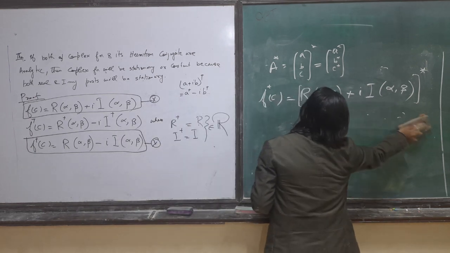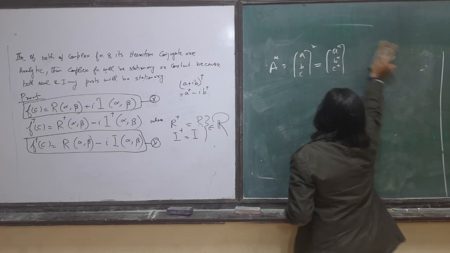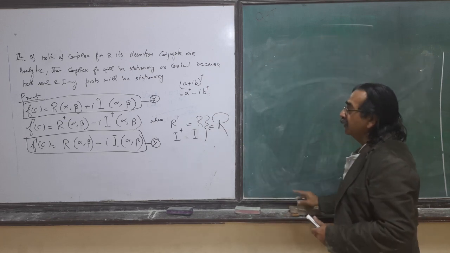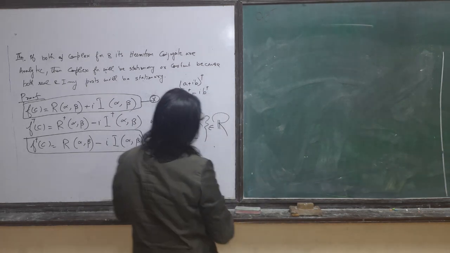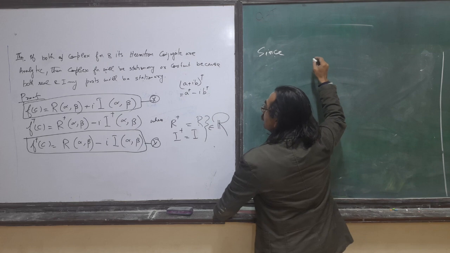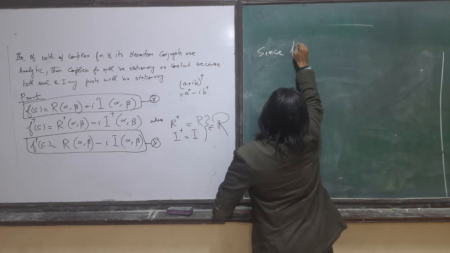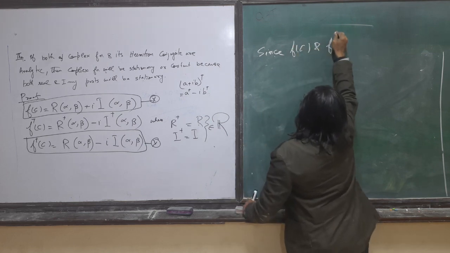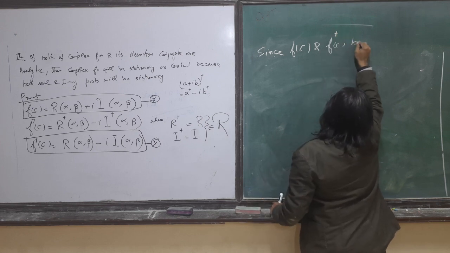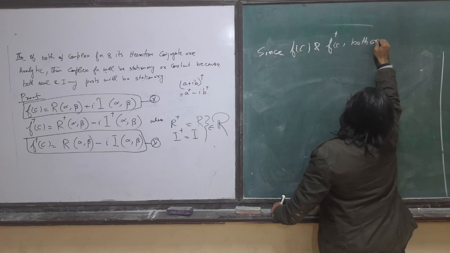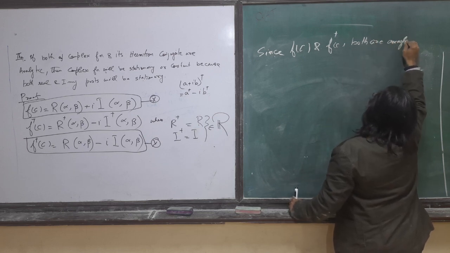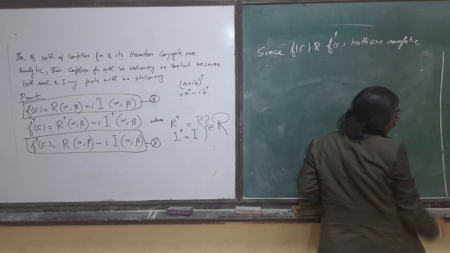Okay. So from equation X, since F of C and F dagger both are analytic, that is given.